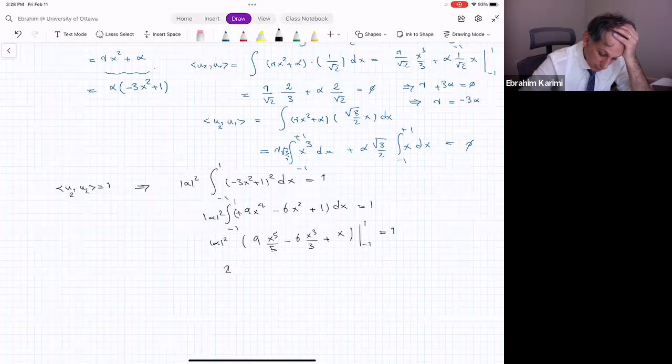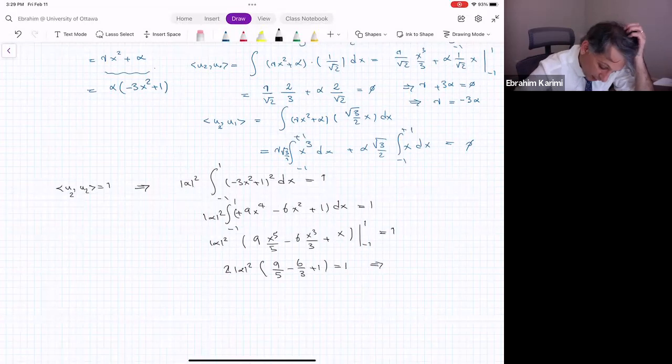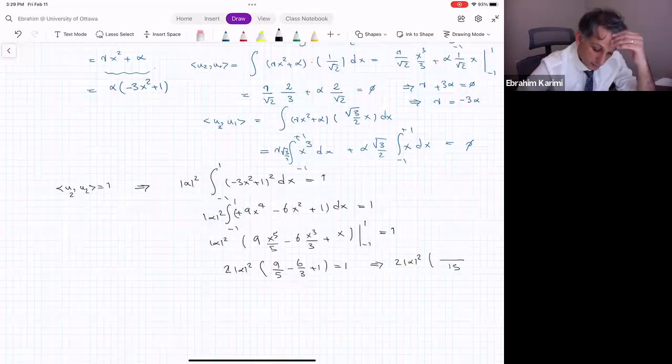So it will be 2 alpha power of 2 times (9 divided by 5 minus 6 divided by 3 plus 1) equal to 1. Have I made any mistakes, guys? Please tell me. So that will be 15. 14. Okay.